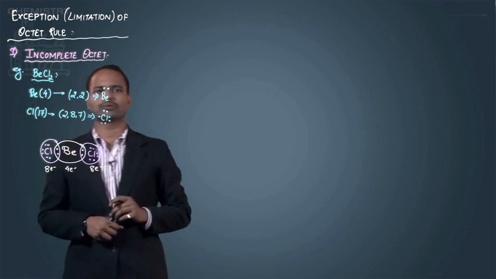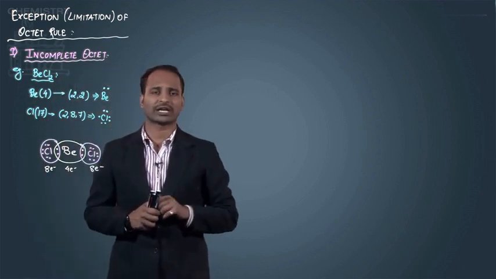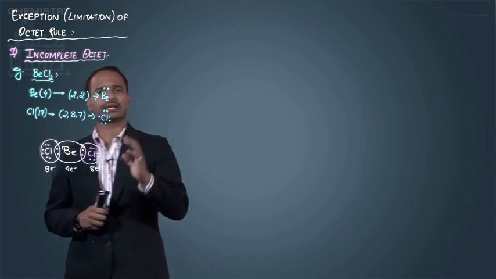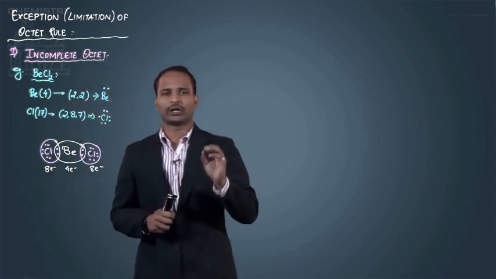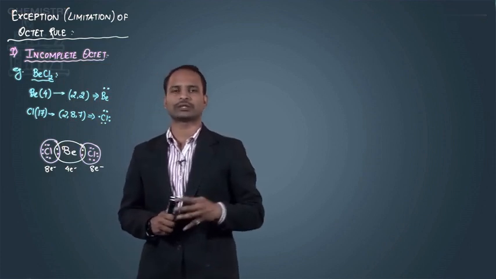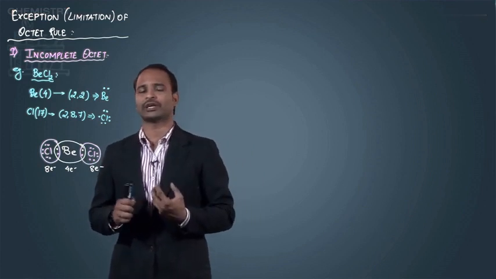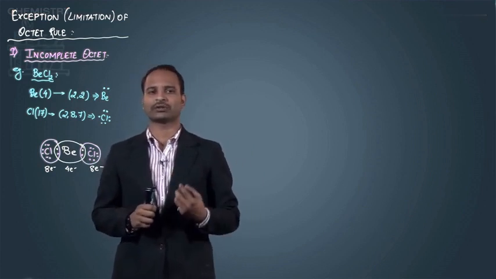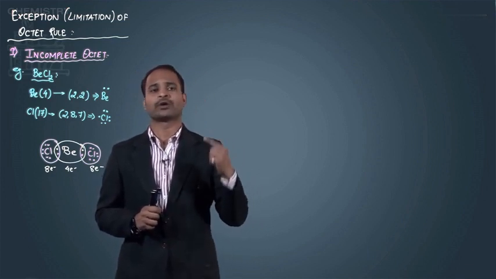That means in beryllium chloride, the central atom beryllium has only 4 electrons in the valence shell, less than 8 electrons. According to the octet rule, during the formation of a molecule, every atom tries to get 8 electrons in the outermost orbit. That means a molecule will form only if each element has 8 electrons.